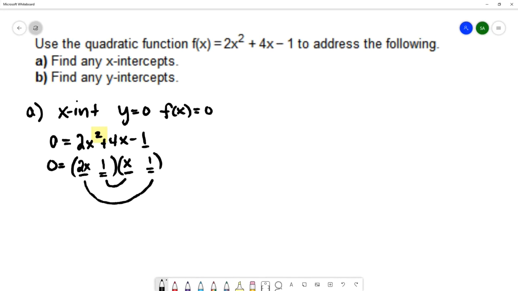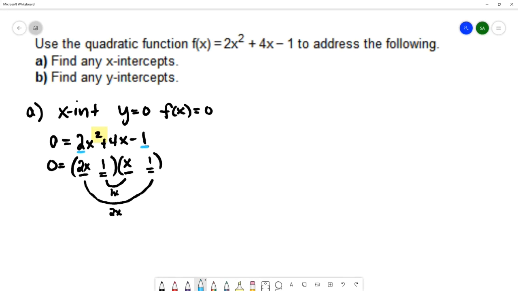On the inside, I would get 1x, and on the outside, I would get 2x. And if I combine those together with either adding or subtracting, neither one of them will give me the 4 in the middle. Since these numbers in the front, 2, and the number in the back, 1, are both prime numbers, there aren't really any other pairs or arrangements that I could use for factoring. So this quadratic cannot be factored.